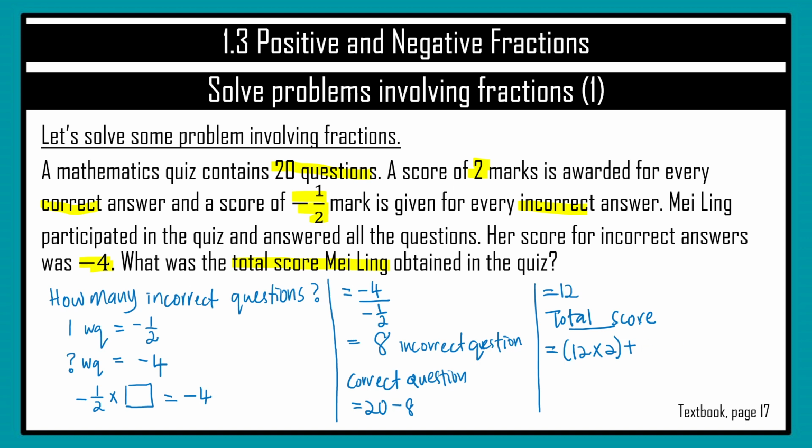Okay, she got the negative 4 score for the incorrect answer. Alright, so if you correctly multiply, will be 24 plus negative 4. So it's 24, positive multiply negative, minus 4, and finally her score is 20.